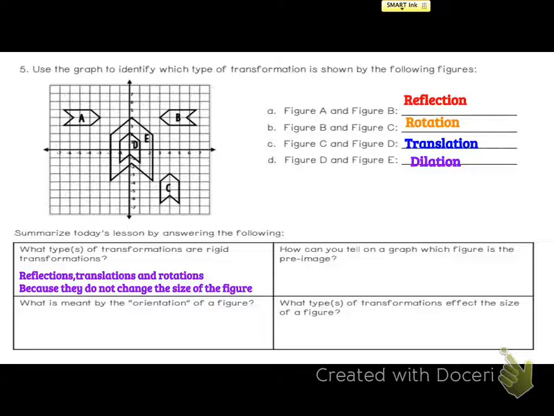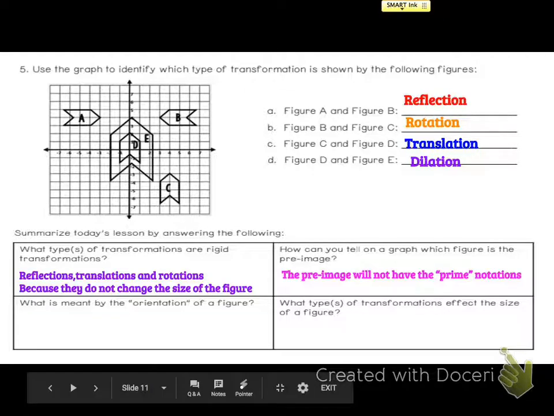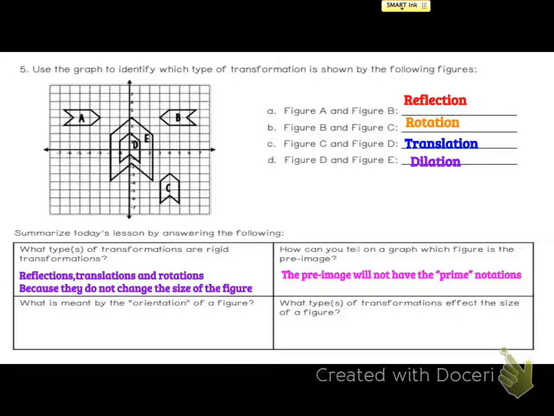Is it the first one or the second one? The first one, isn't it? So a pre-image will also not have a prime notation. Remember we said that the notation was the apostrophe sign? So if the pre-image is labeled A, then the image is going to be noted with an apostrophe.